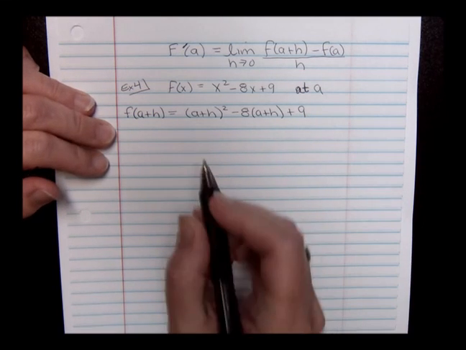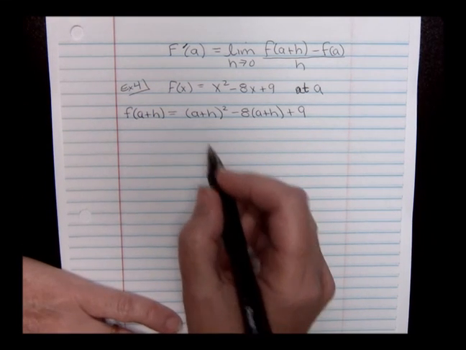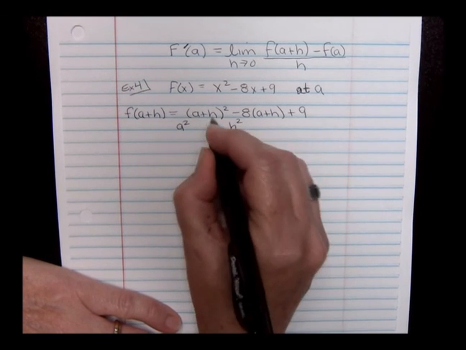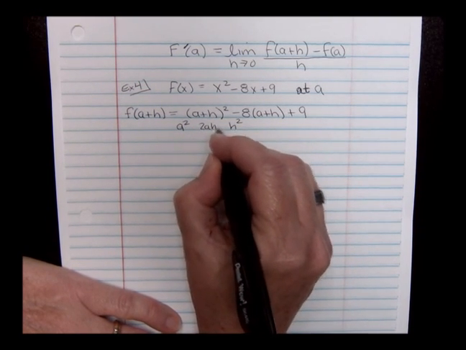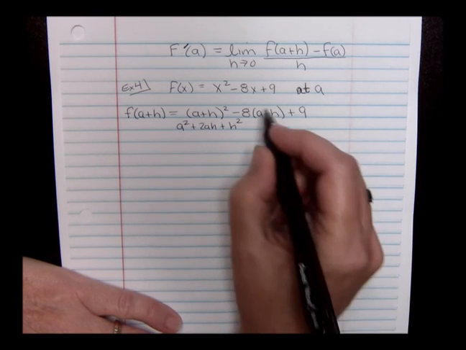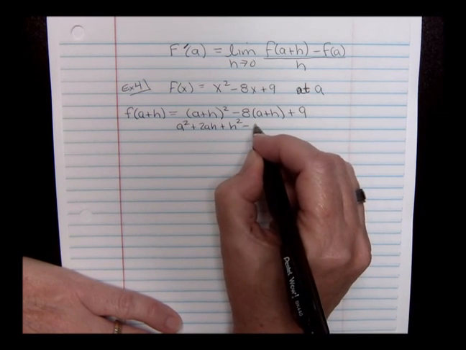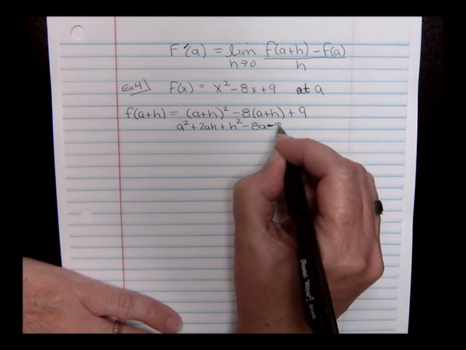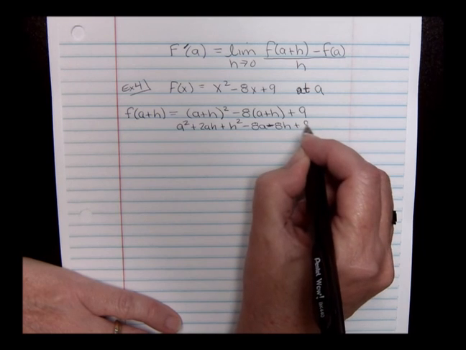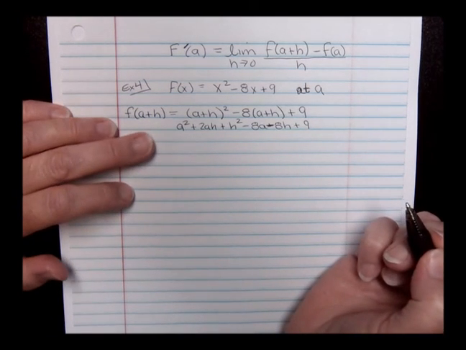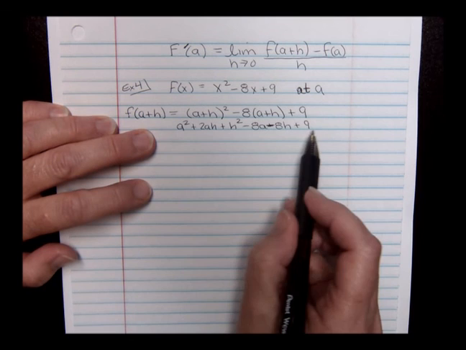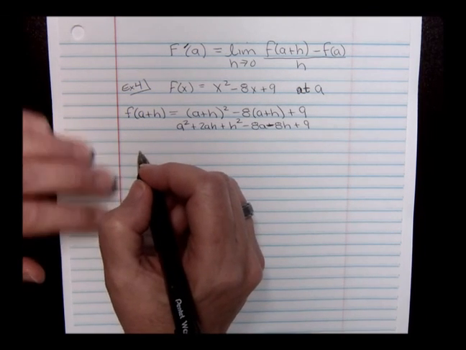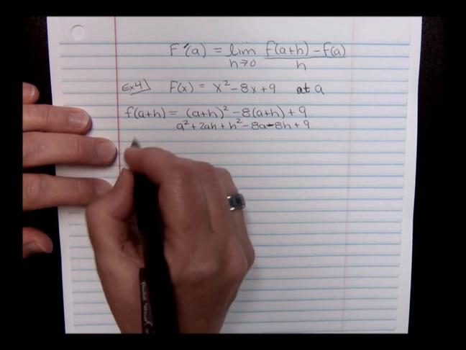And I'm going to simplify that, another binomial square: a squared, h squared, multiply them together and double it. Here we go. Factor through the negative 8. Okay, so here's what I have here. It doesn't look like anything combines. So I go on to the next one, which is f of a.